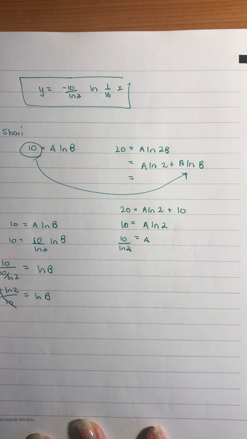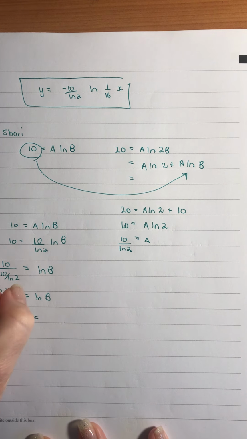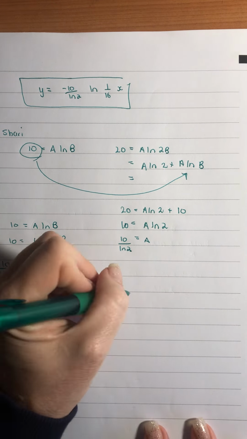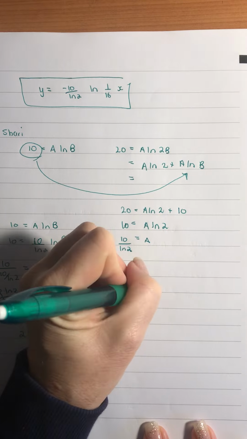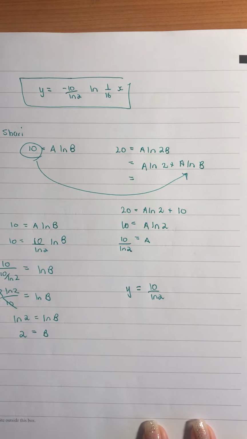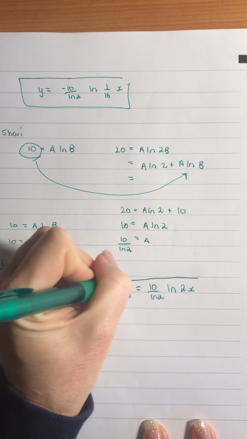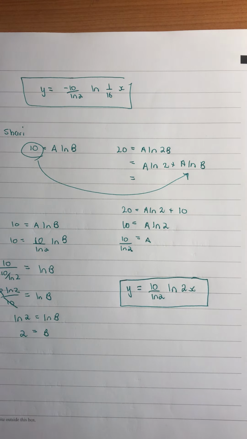Then we can cancel that 10 out, so we get ln 2 is equal to ln b, therefore our b must be equal to 2. Now we can put that together with our equation, and we get y is equal to 10 on ln 2 ln of 2x. So that is Shari's equation.